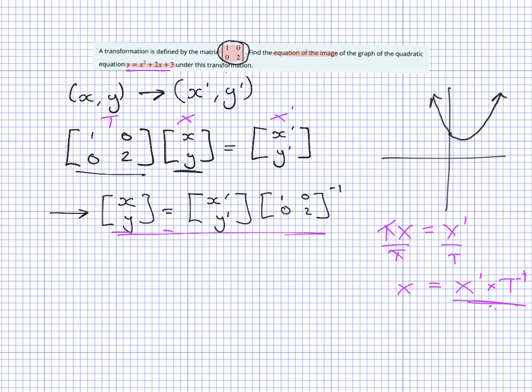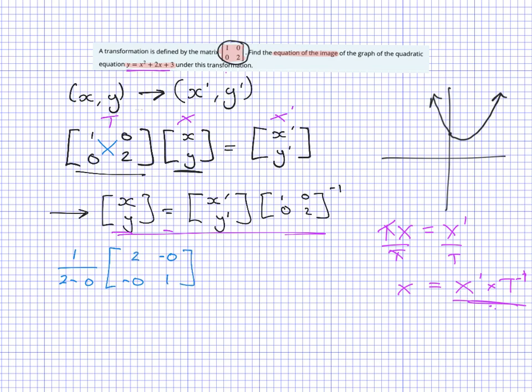All right, so let's find the inverse of T. Now the inverse of T was 1 over those two minus those two, so that's 1 over 2. And then what did we have to do? We had to make the zeros negative, which does nothing, and swap a and d around.